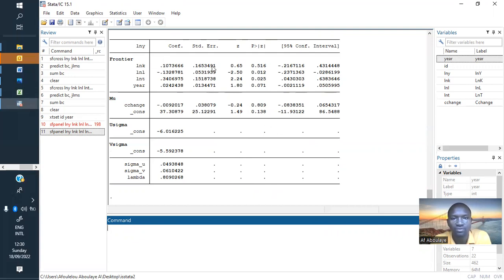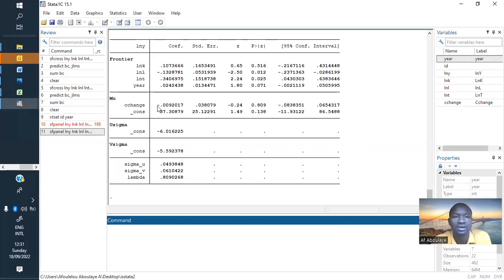Up to now, we have those values around here, and we also want to see the effect of climate change on our technical efficiency. It's not significant, but suppose it was significant and negative.